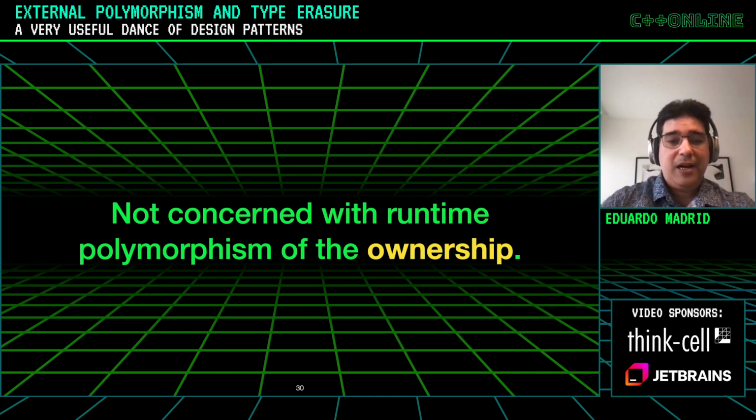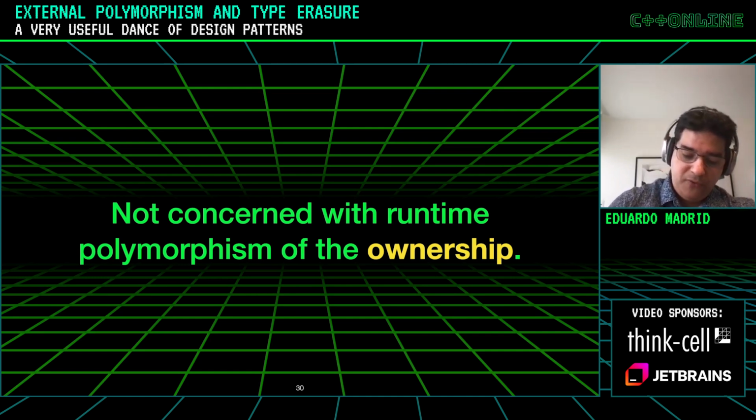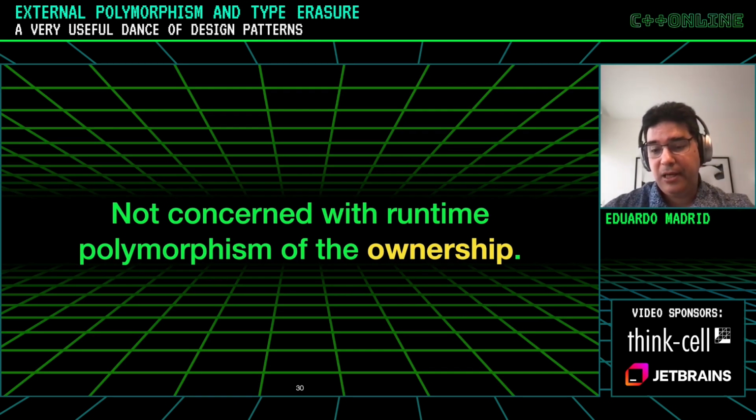At this point, we are not concerned that the runtime polymorphism takes care of ownership. We don't want runtime polymorphism to own the objects. And if you remember in C++, owning an object means to participate in its moving and destruction and potentially copying.